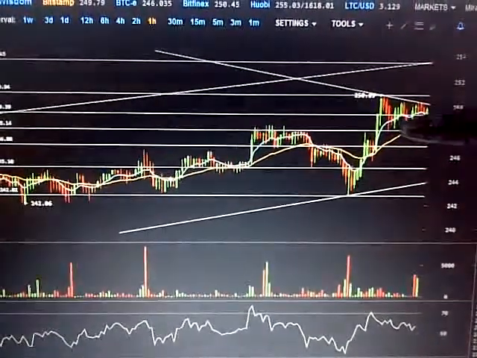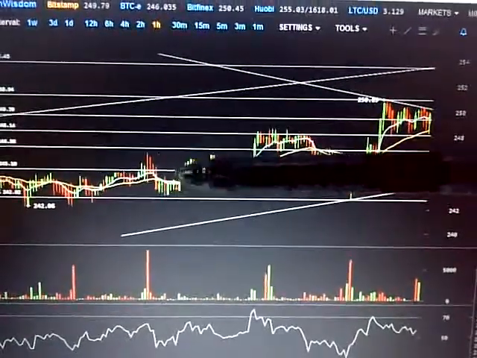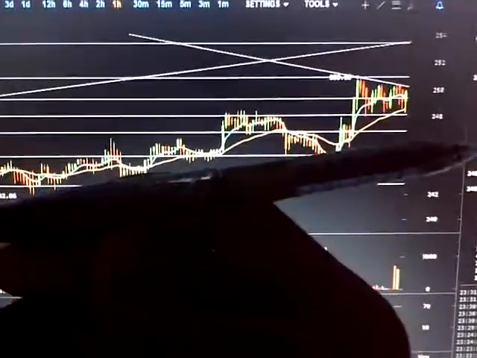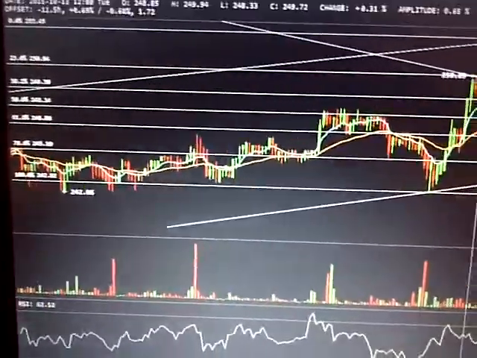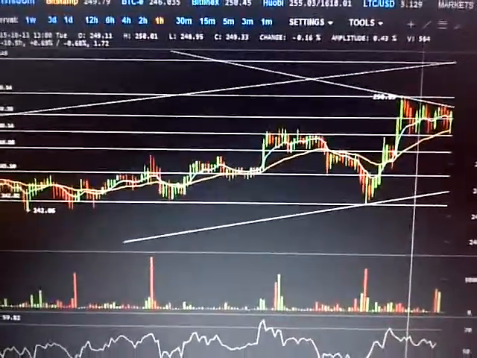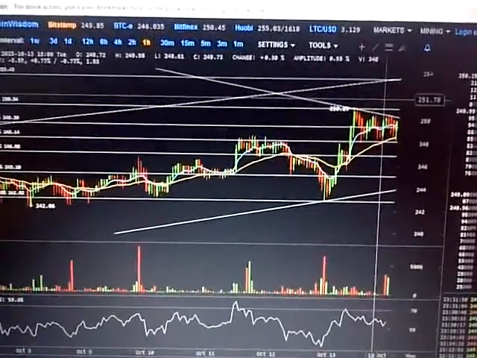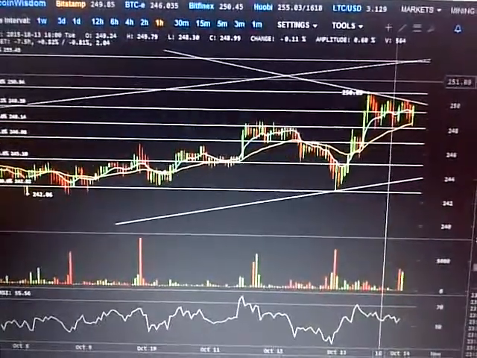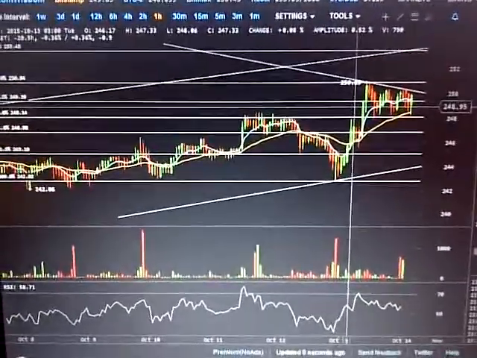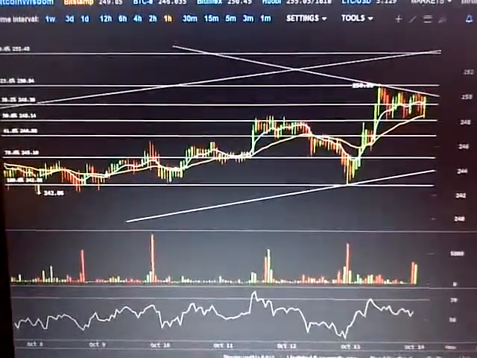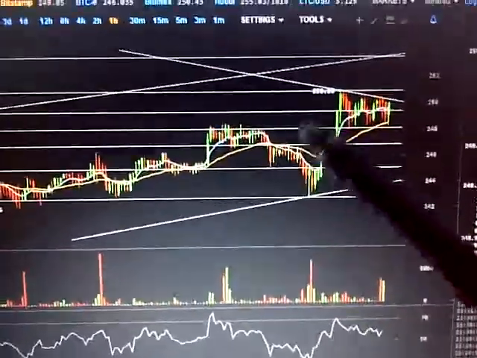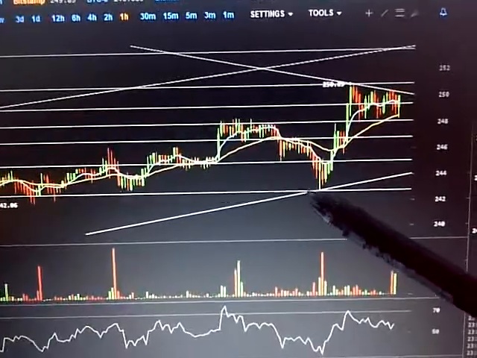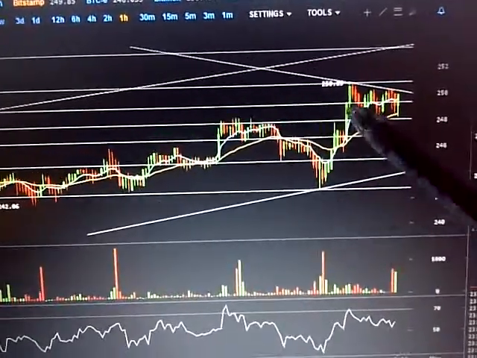So, if this works so well in hindsight, I wonder if it works well in foresight. How would you do that? Well, let's just play around with it. Let's move this around. I drew up my lines here, and what I'm going to do is take this, from this low to this high.